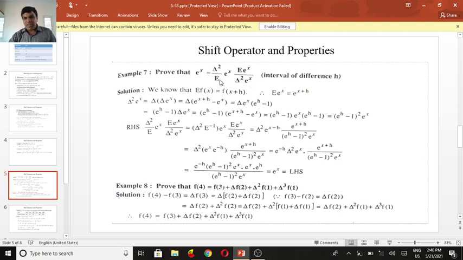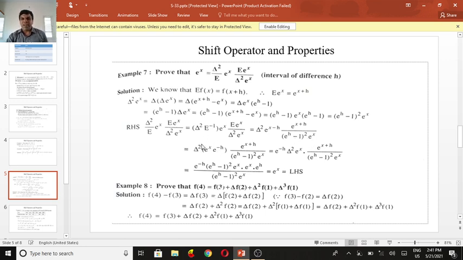Now again we come to the first term, Δ² divided by E. Substituting: Δ² E^(-1) e^x, which is Δ² e^(x−h), because E^(-1) e^x is e^(x−h). Then e^x becomes e^(x+h), divided by, as already simplified, Δ² e^x, which is (e^h − 1)² e^x.